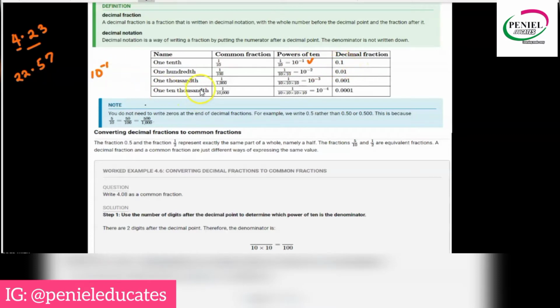That means if you have 1/10 and you want to convert it, you divide 1 by 10. 10 in 1 is not possible, so you put your 0 point, then you add 0 here. 10 in 10 gives you 1.